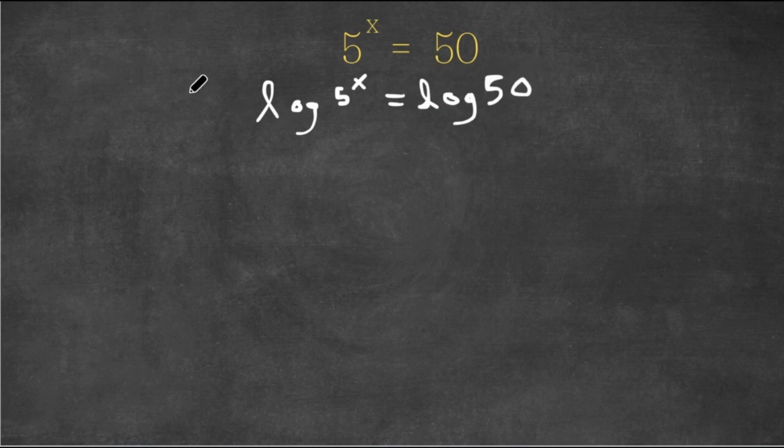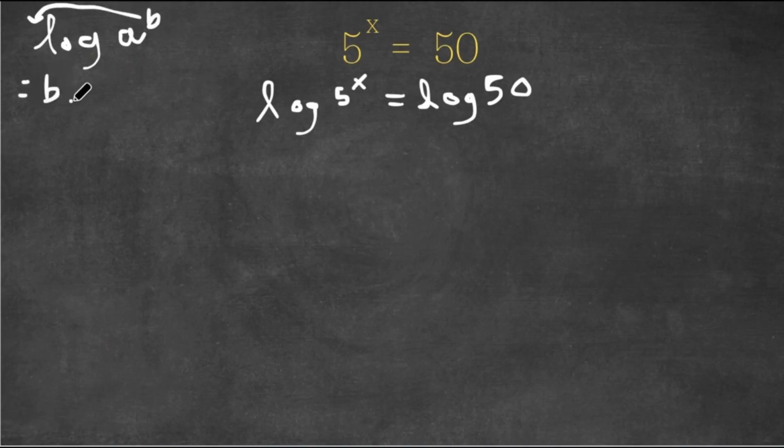Now, an important property of logarithms is that, let's say we have log a to the power of b. I can actually move this exponent b to the front of the logarithm. So this is equal to b times log a.